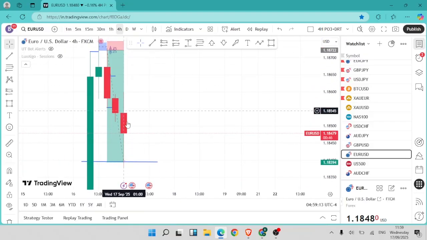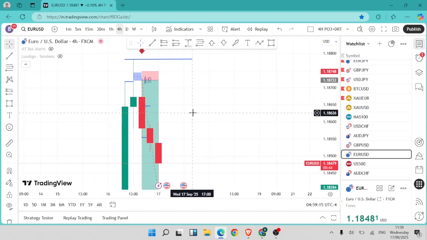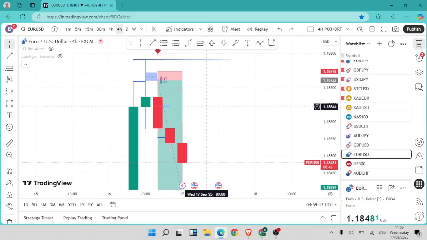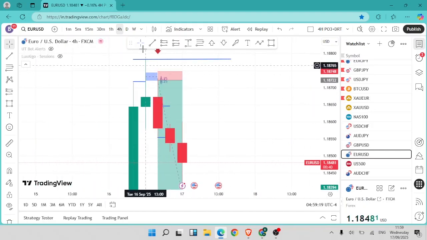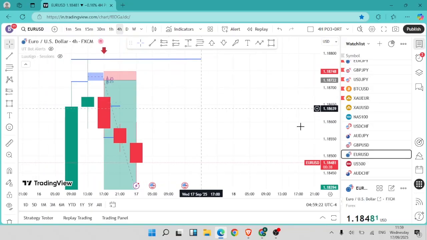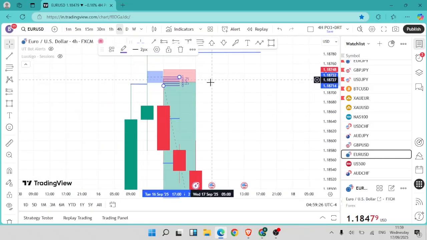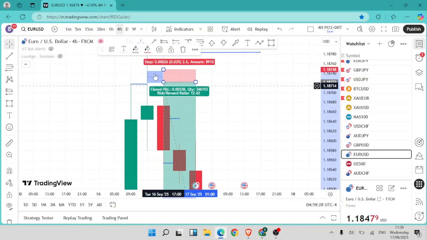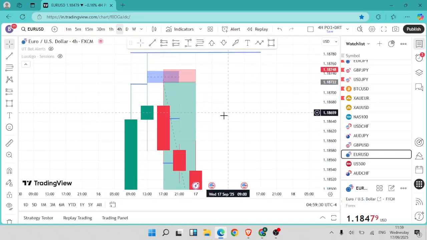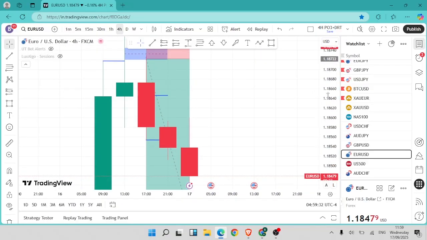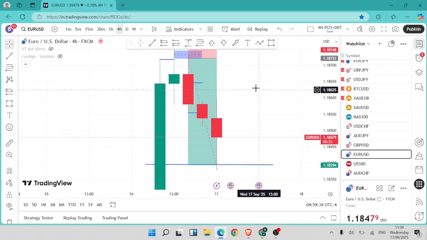So this is not yet a reaction of this fair value gap. The only thing you can do is wait. But based on this CRT model, that is how you would have participated in this trade and bagged a whole 12.62 risk to reward ratio. And that is it for Euro USD price action review. Until next time, bye bye.